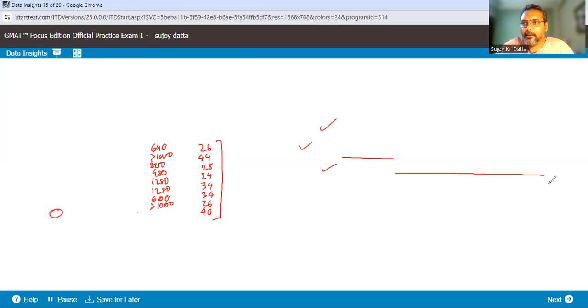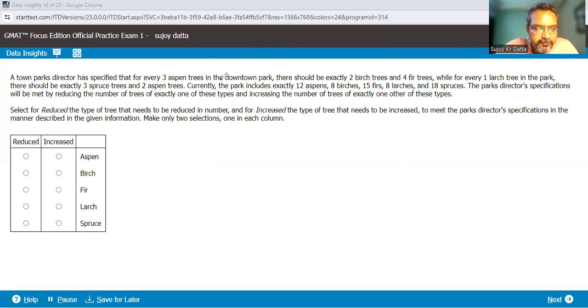All right, 13 minutes. Okay, the town park director has specified that for every three aspen trees in the downtown, there will be exactly two birch trees, and four fir trees, while for every one larch, there will be three spruce and two aspen.